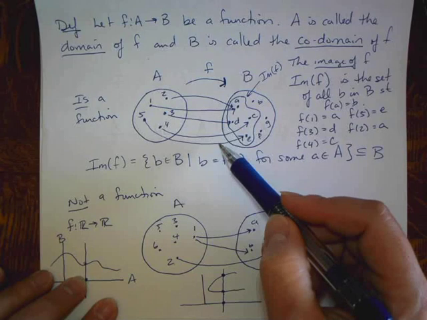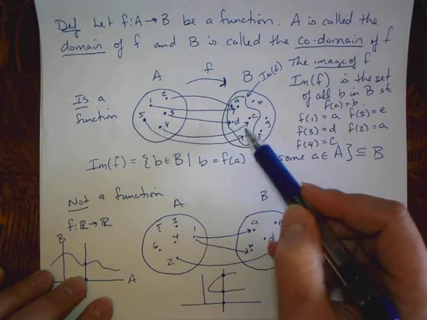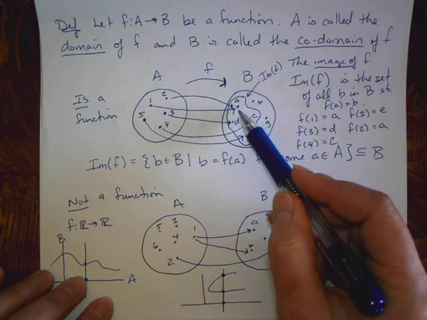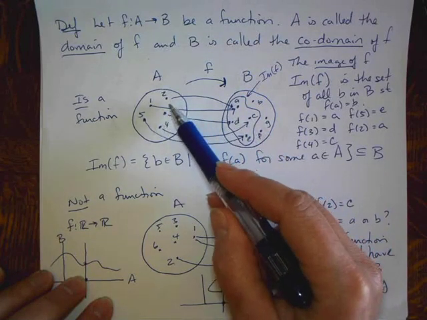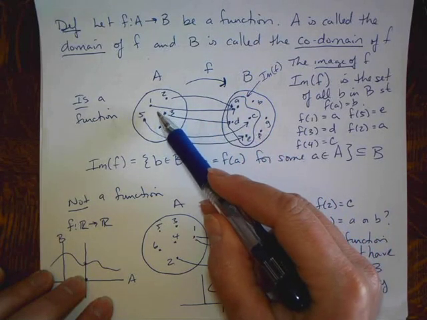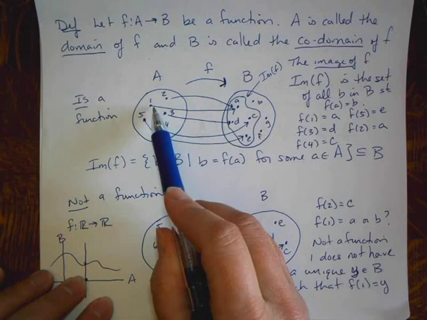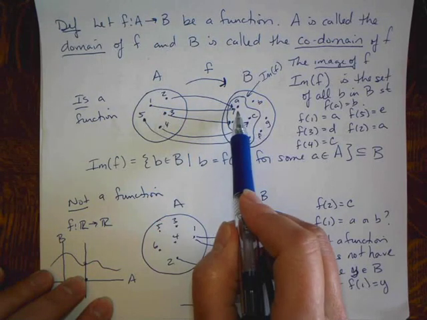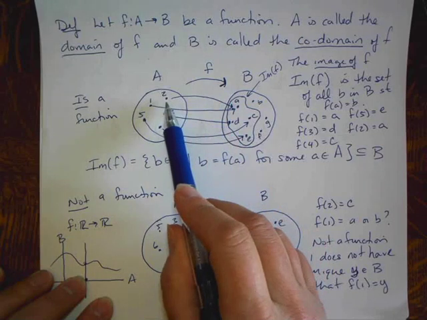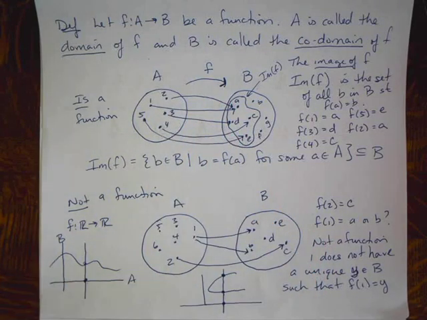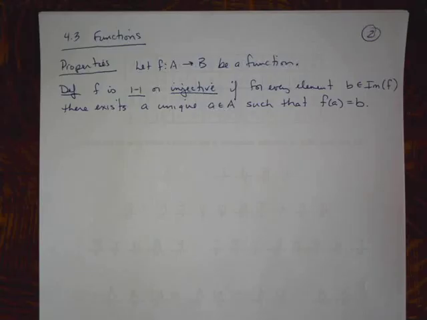Both 1 and 2 map to A. So this function does not meet the definition for one-to-one because there exists an element in the image that does not have a unique element in A that maps to it. By the way, these elements over here are called pre-images. A is the image of 2, and 2 is the pre-image of A.